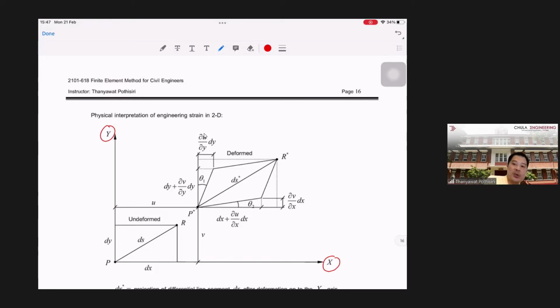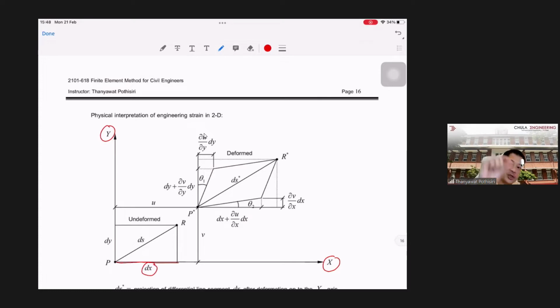So if you want to say how your original length dx is elongated in X direction, how would you do that? Then you subject this dx to the displacement function u, right?